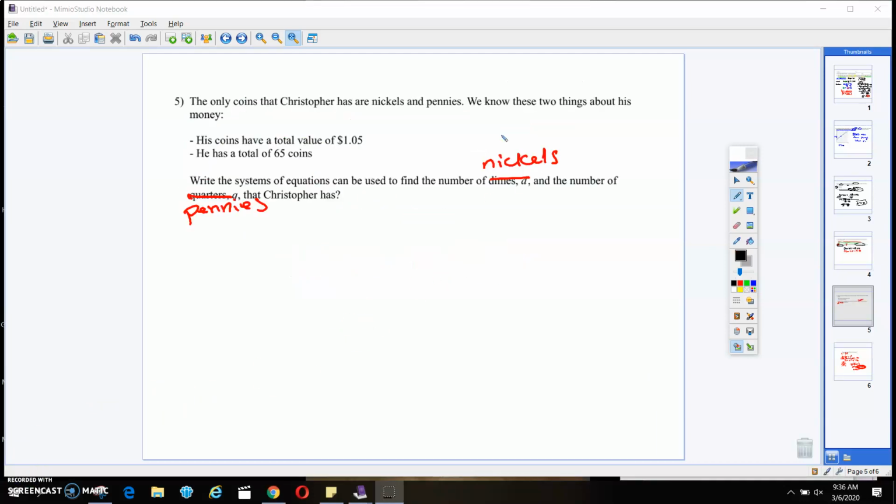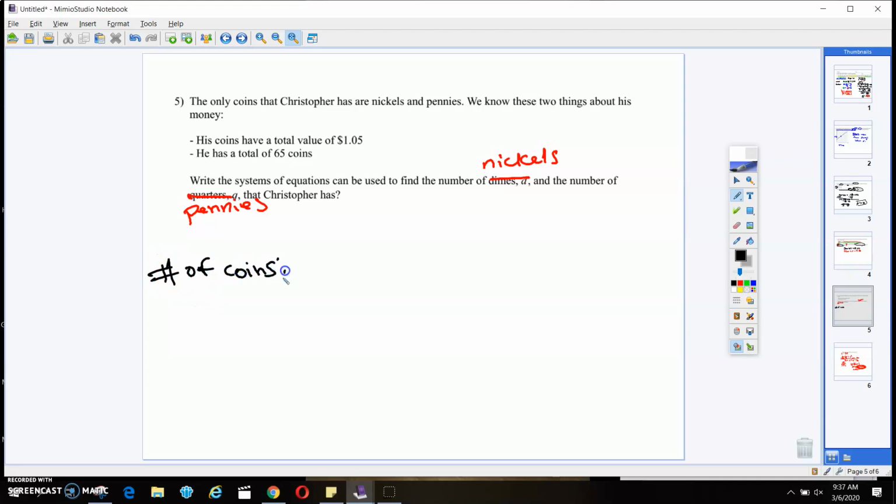All right, on number 5, it says the only coins that Christopher has are nickels and pennies. We know these 2 things about his money. His coins have a total value of $1.05, and he has a total of 65 coins. 1, Christopher needs more money. And 2, we got to write 2 equations. Okay, so the first equation that we're going to write is the number of coins he's got, right?